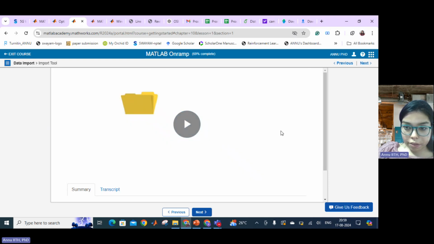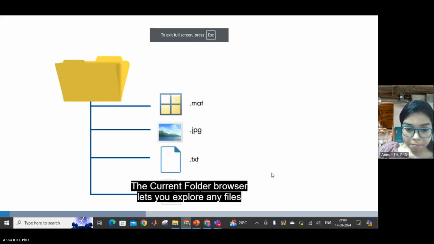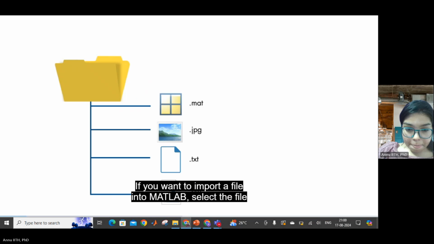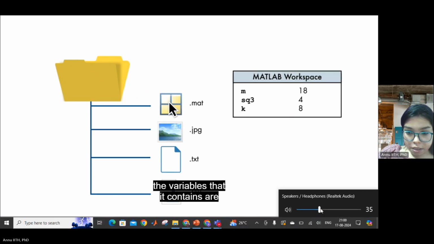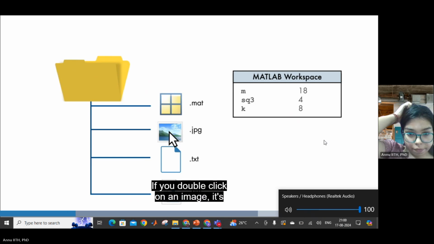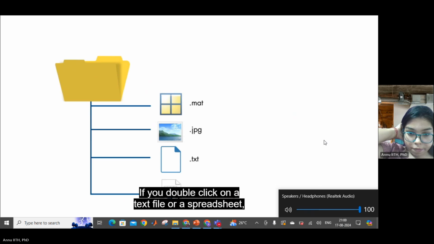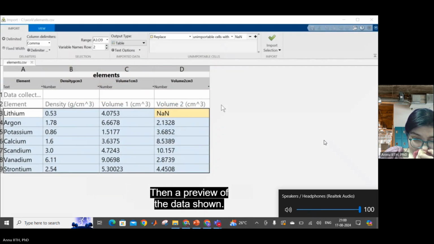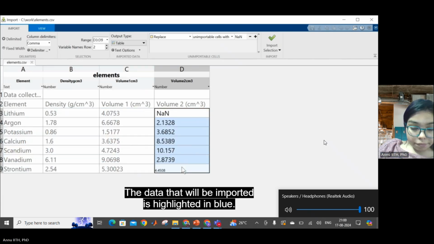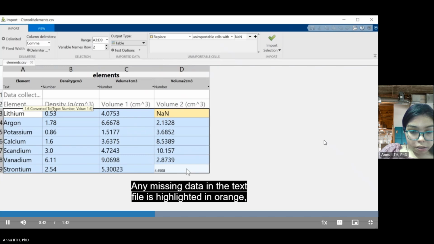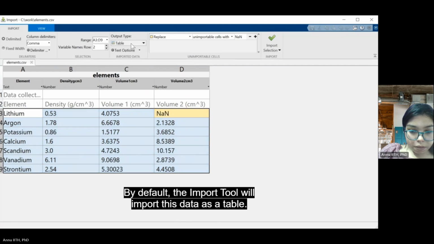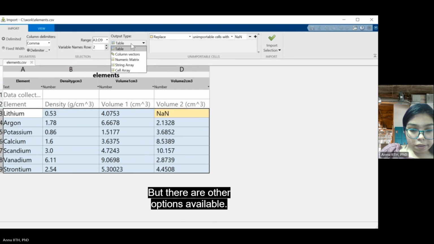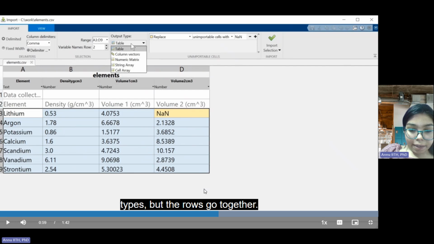So let's see this short video first. So basically, we can import the files in our MATLAB.